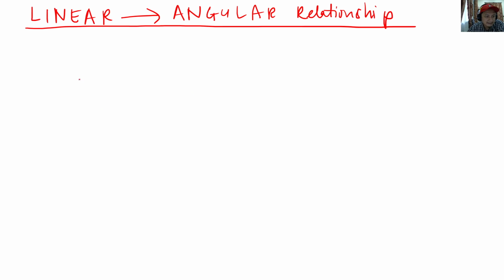Let's look at something rotating. Let's say you have a pulley. The pulley is rotating at a fixed joint here. No, we have to start with something more basic.